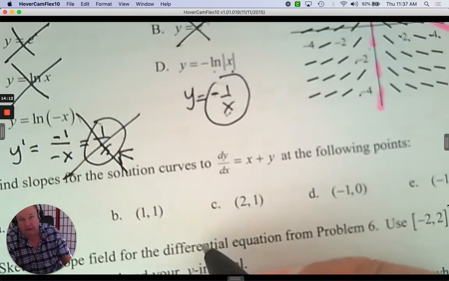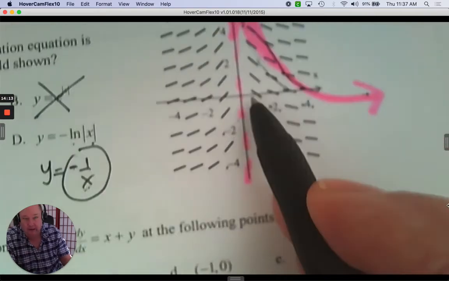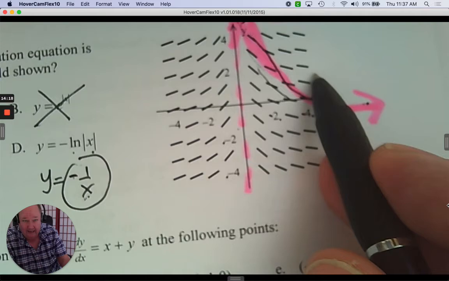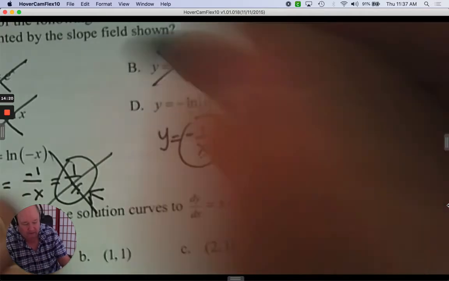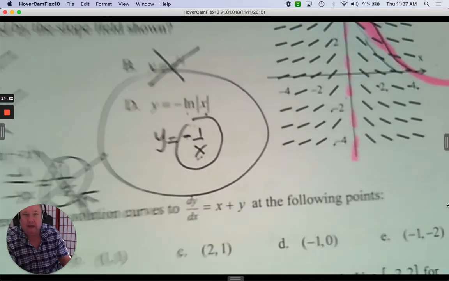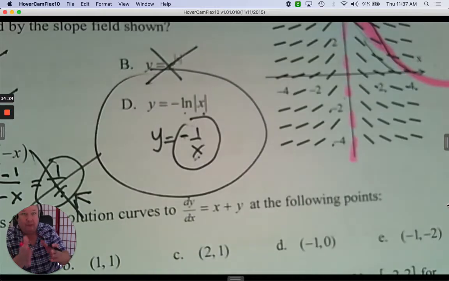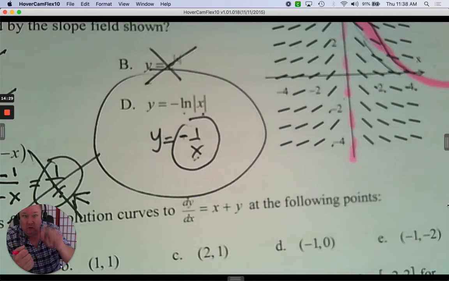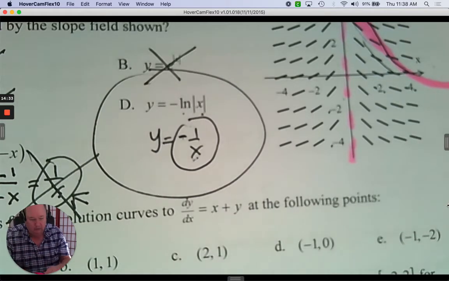This is not right. So you can tell when you plug in a positive number for x, the slopes are all negative. They're all pointing down. They're decreasing. So the only one that could match that is negative ln absolute value of x. And again, for those that like puzzles, thinking, crossing out bad answers, and working your way through a puzzle, you enjoy it. Those that don't, don't.